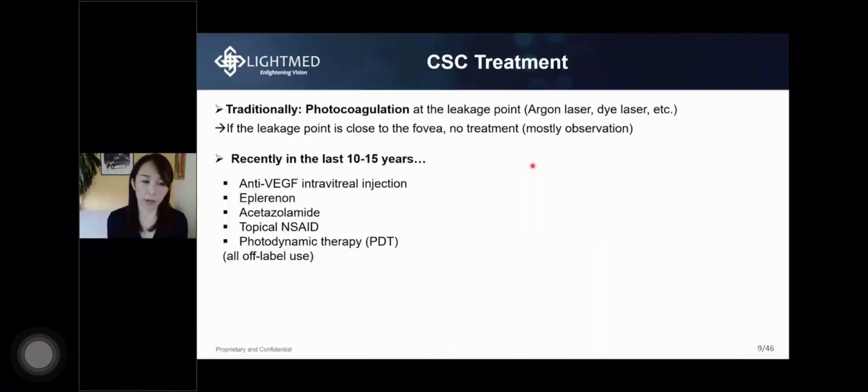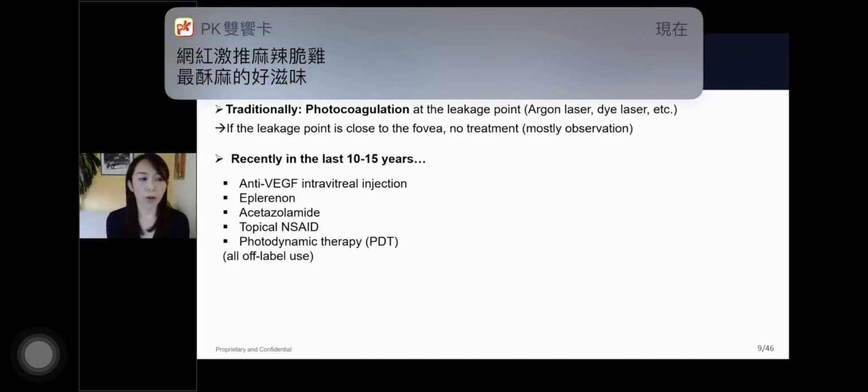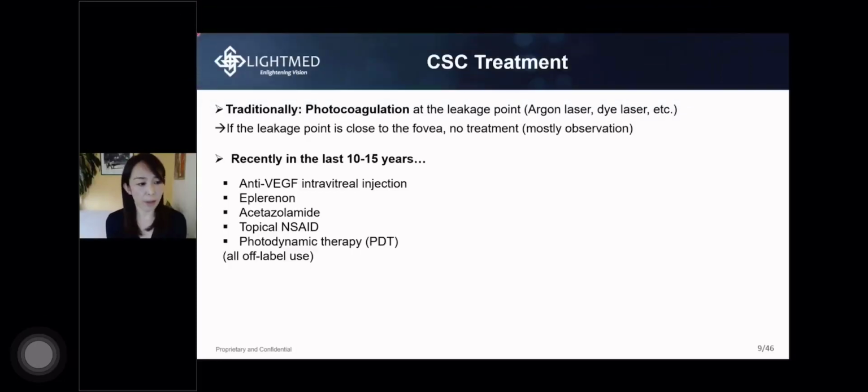But in the last 10 to 15 years, many possibilities have been introduced, and the patients' visual quality became better. For example, anti-VEGF intravitreal injection could sometimes work, or sometimes oral administration of medicine like eplerenone or acetazolamide has been used.